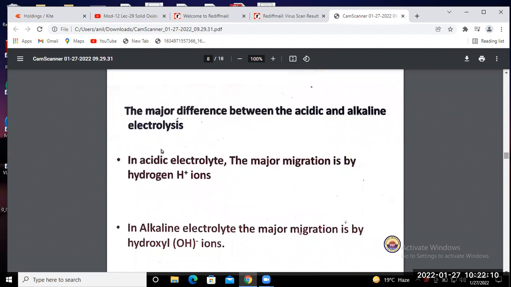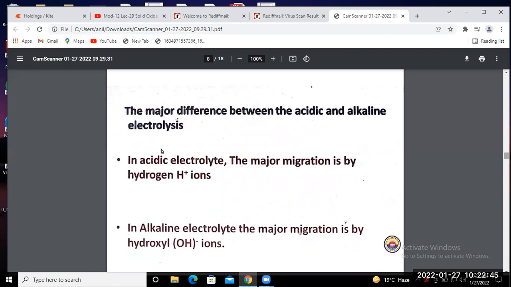The next one we discuss is the major difference between acidic and alkaline electrolysis. In acidic electrolytes, the major migration is by hydrogen, represented by the H plus ion. In alkaline electrolytes, the major migration is by the hydroxide, represented by the OH minus ion.